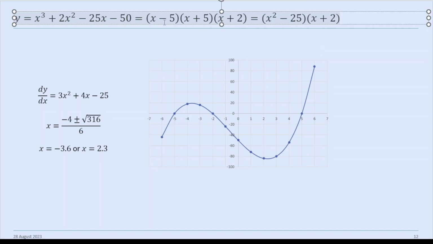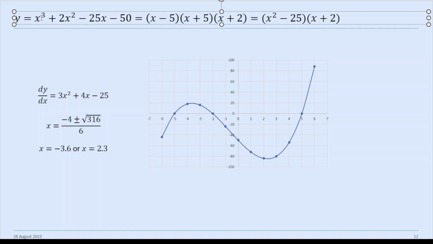And then you've got these roots. So you've got a root here at 5, a root here at minus 5, and a root here at minus 2. So those are the roots, so it's got to cross the axis there. Then you say it's got to go to plus infinity on the right and minus infinity on the left because you've got an odd numbered power and a positive coefficient.